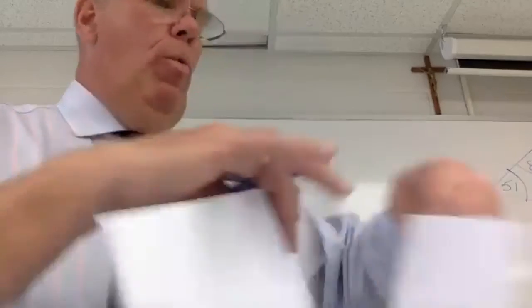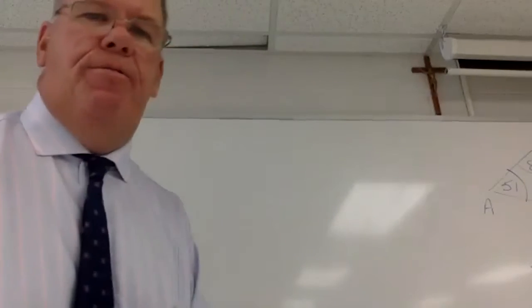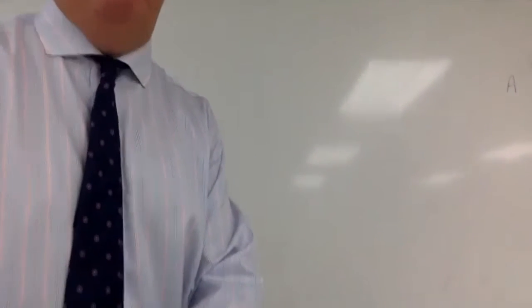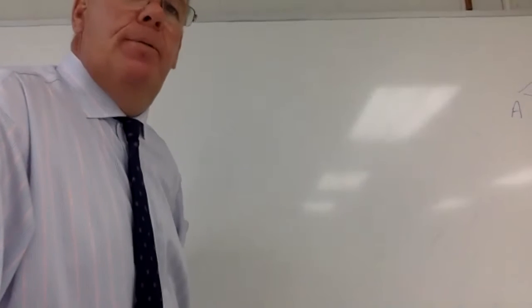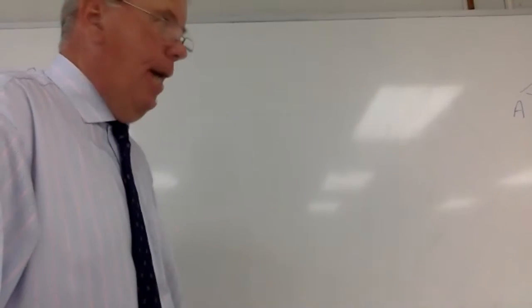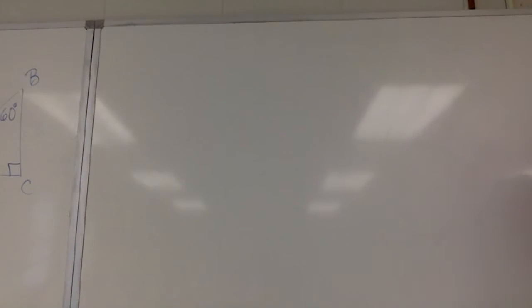Now, what do we use the Pythagorean theorem for? To find angles or sides. Sides. Now, when can we use the Pythagorean theorem? What do we need to know in order to use it?